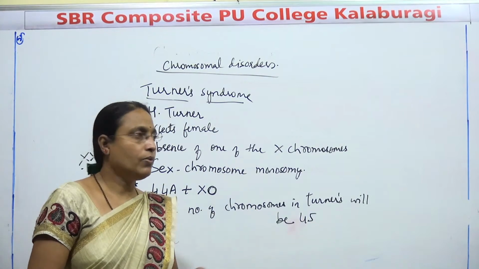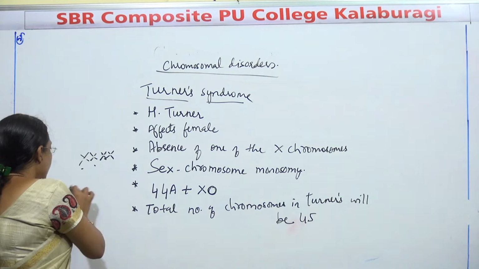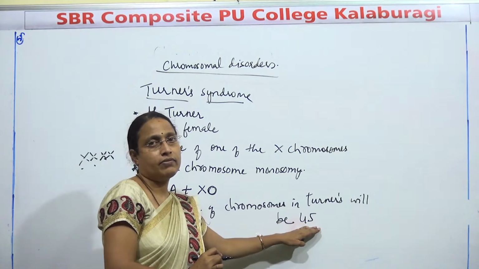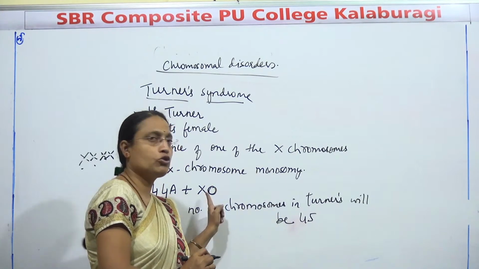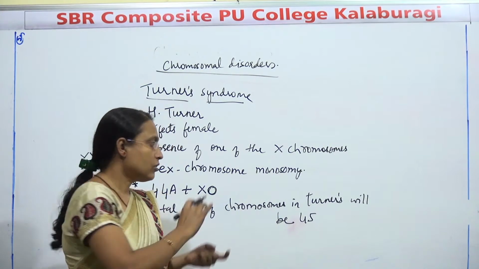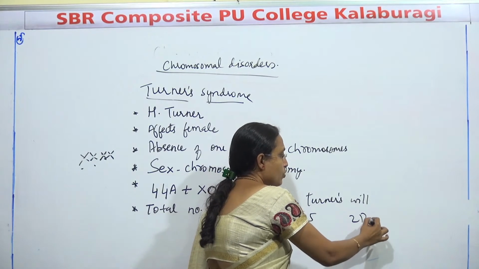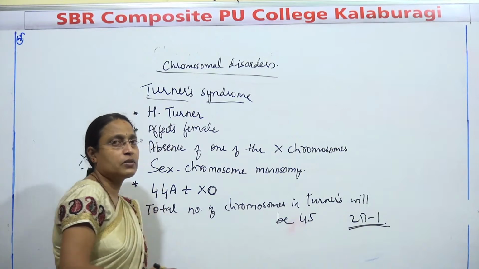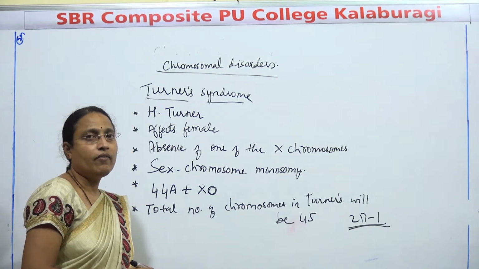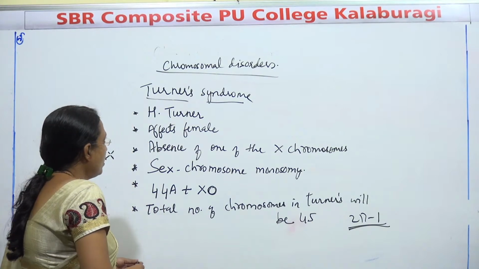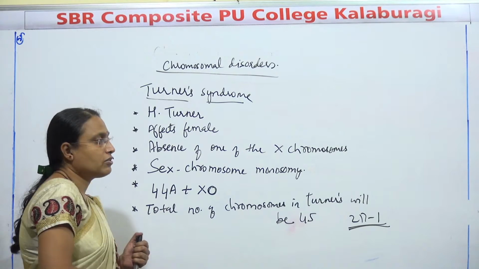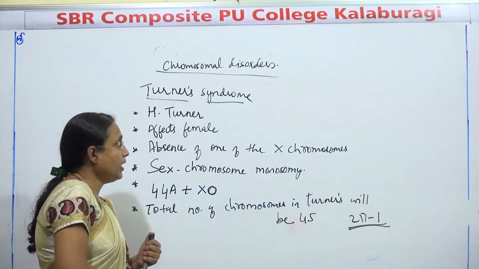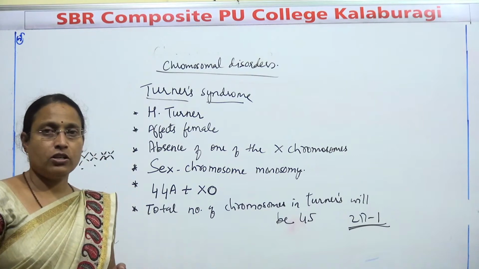When karyotyping is done on the individual and the chromosomes are counted, it will come up to only 45, because one of the chromosomes, the X chromosome, is missing. So this is also an aneuploid condition referred to as 2n minus 1. That is 46 minus 1 is 45. So this was the explanation regarding Turner's syndrome. Next will be the symptoms of Turner's syndrome.